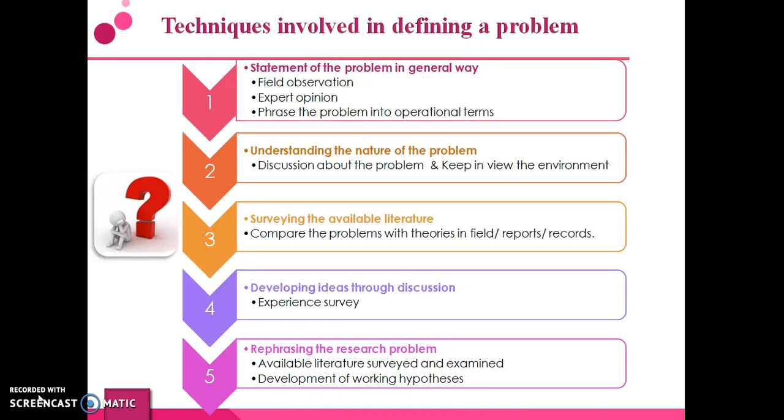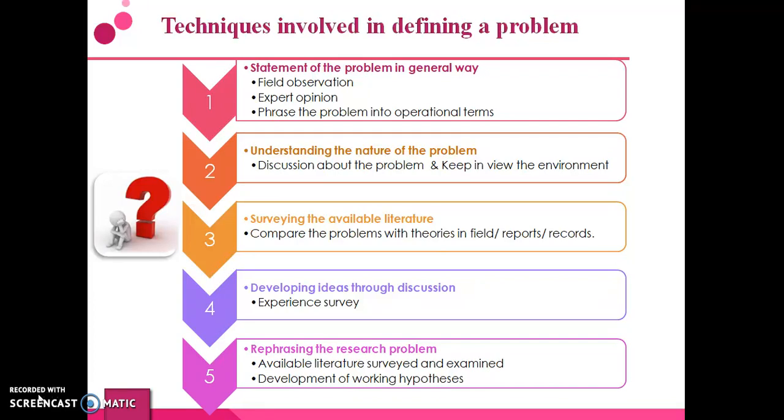And the techniques involved in defining a problem. First, a statement of the problem in a general way. We first gather the general information about the particular problem. The general information has been collected from field observation, expert opinion, or the phrasing of the problem that is available or published.